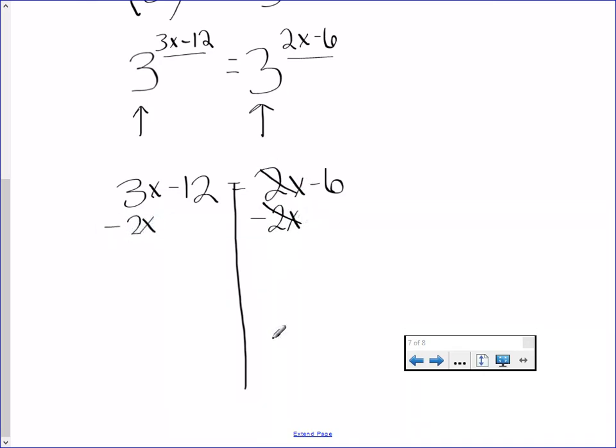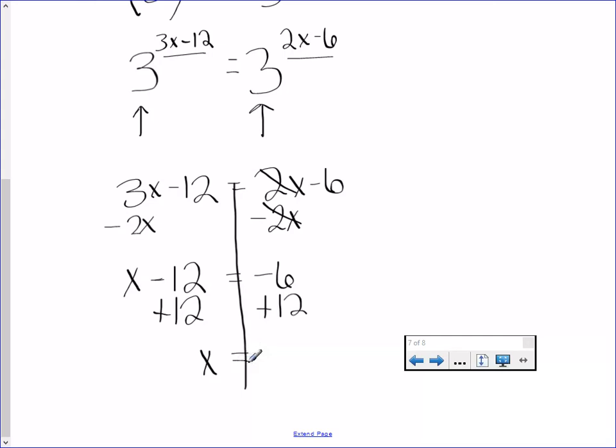2x minus 2x is 0. I don't need to say that, but 3x minus 2x is 1x, or you could just put x. Minus 12 equals negative 6. To get x by itself, we're going to add 12 to the negative 6.